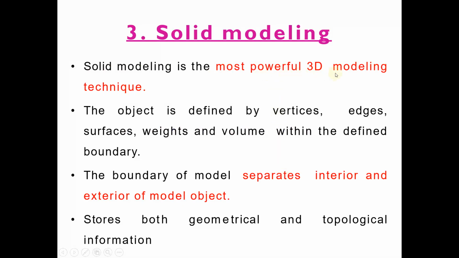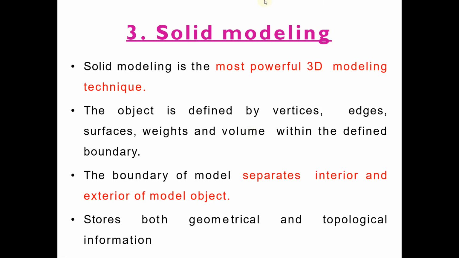It is the most powerful 3D modeling technique, and the object created is defined by its vertices, edges and surfaces. It will have a weight, it will have a volume. So if we have to assign weight and volume, we can easily do it.